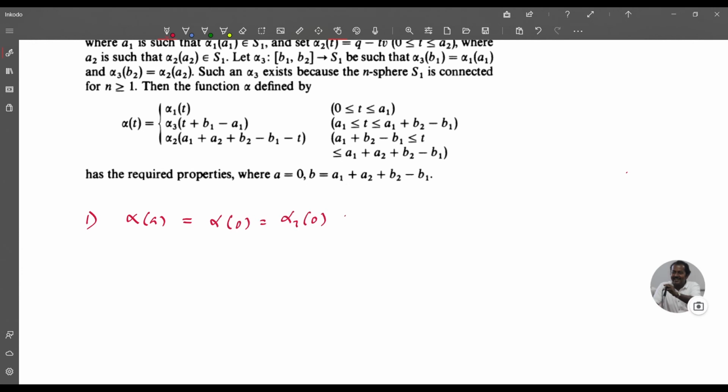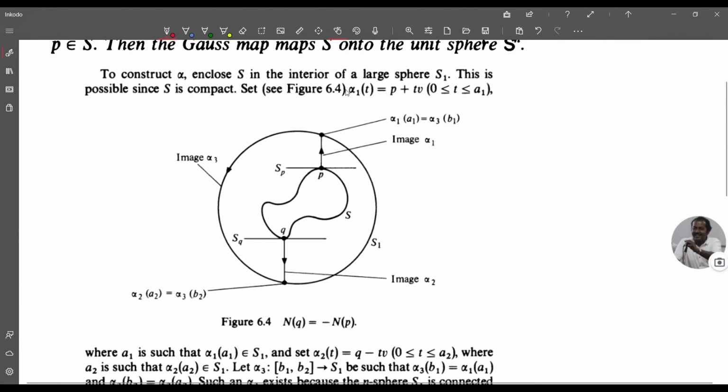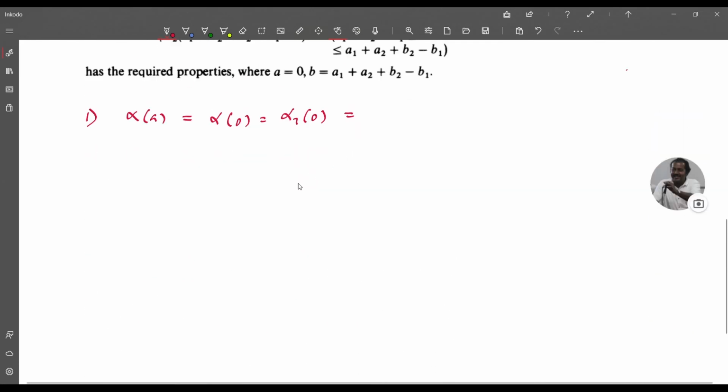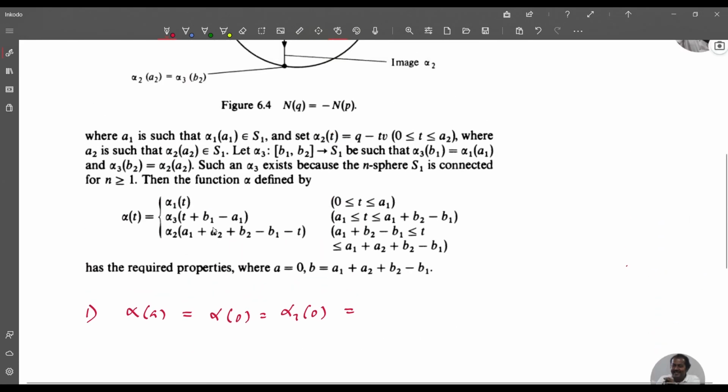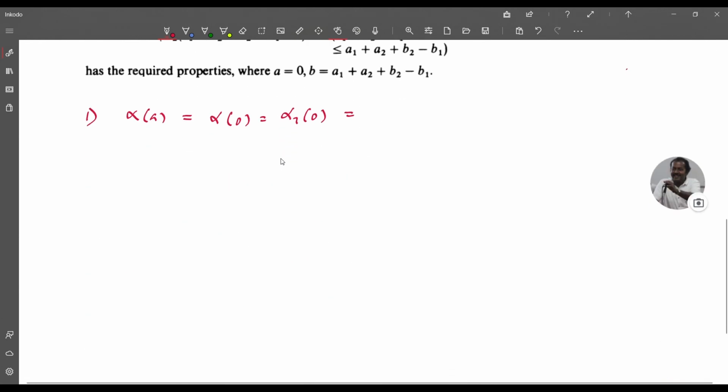You know that alpha 1 of 0 is the point P, because it is P plus tv at t equal to 0. So this is P plus 0v, which is P. That is, alpha of a is P.